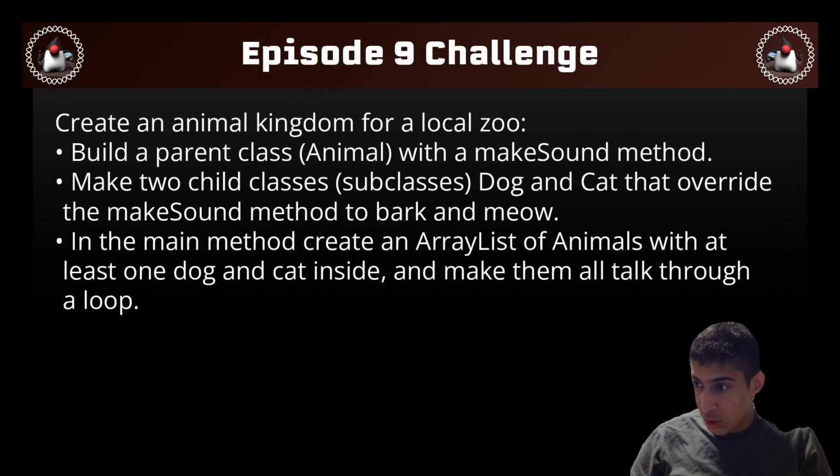And we want to override the makeSound method so that the dog barks and the cat meows. And then finally, in the main method, you want to create an ArrayList of animals with both dogs and cats and have them all make a sound by iterating through all the animals or pets with a loop.